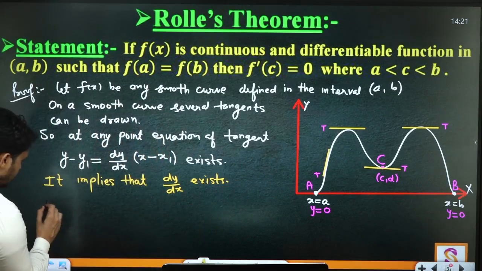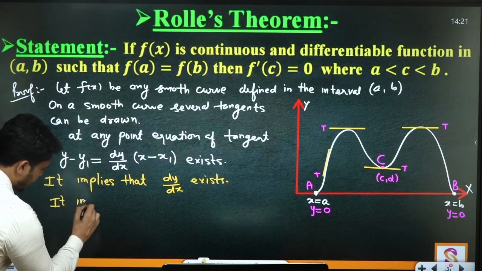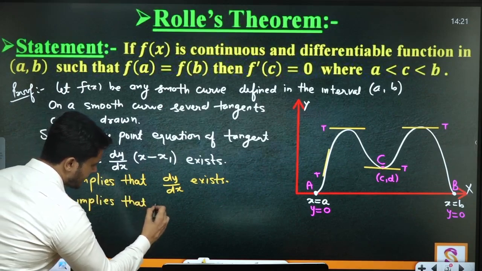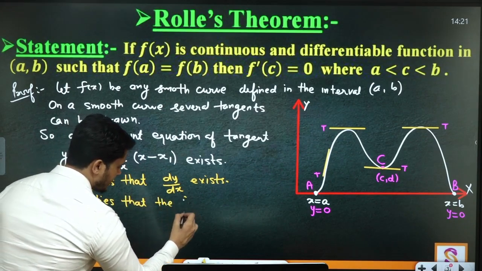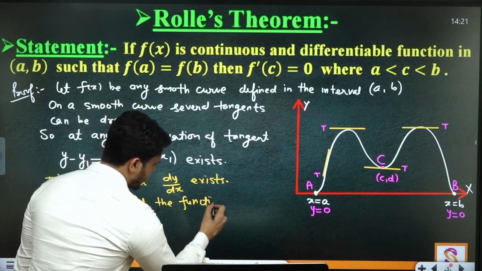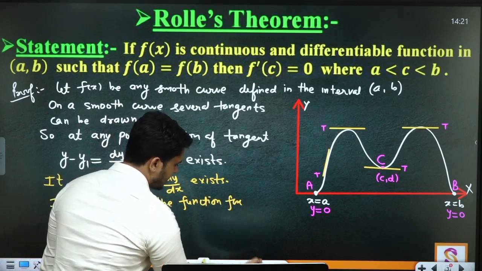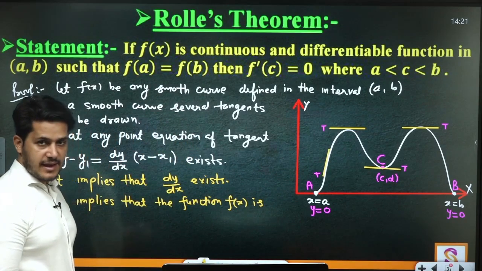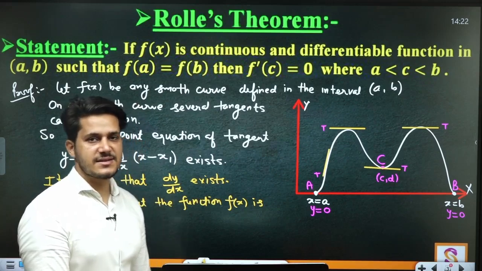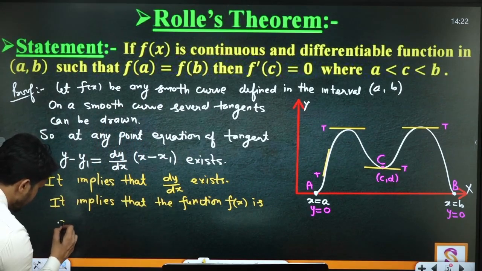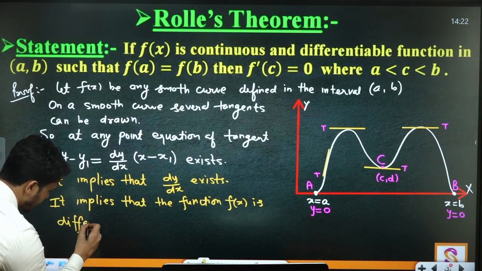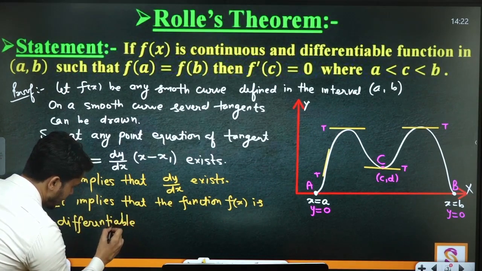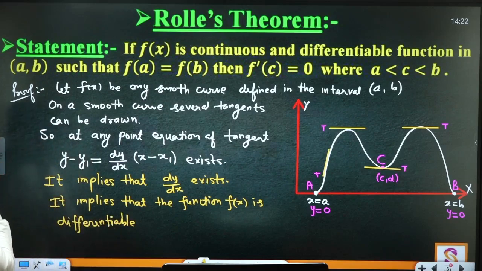All right, and it implies that the function f(x) is, if dy by dx exists, then the function f(x) is differentiable. The function f(x) is differentiable.